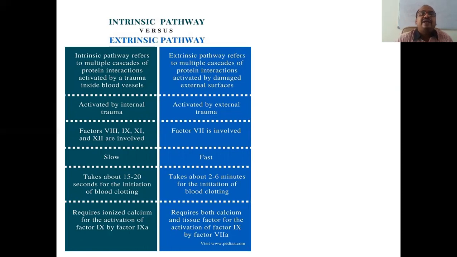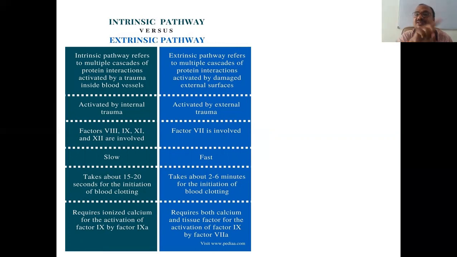In this slide, I have shown two columns, one in green color and another in blue color. Green is the intrinsic pathway and the extrinsic pathway is blue. See here, the intrinsic pathway refers to a multiple cascade of protein interactions activated by trauma inside the blood vessels.